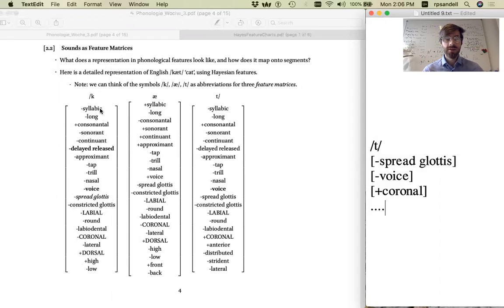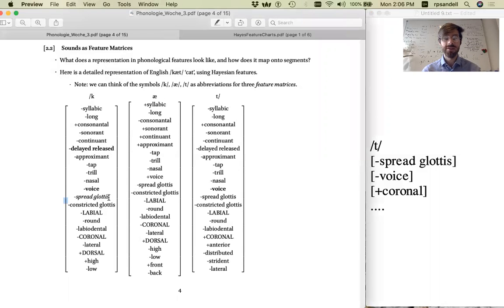For instance, it's not syllabic, so these two consonants are non-syllabic in contrast to the vowel a, which would have the feature plus syllabic. And these stops in English are both specified underlyingly as having the feature minus spread glottis, indicating that, by default, this phoneme is a non-aspirated stop.